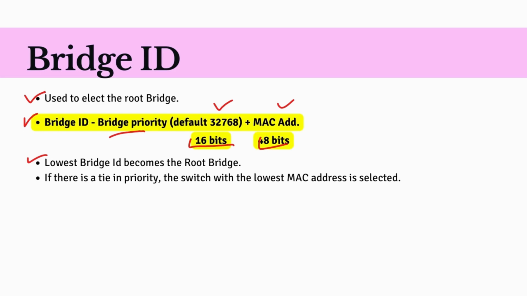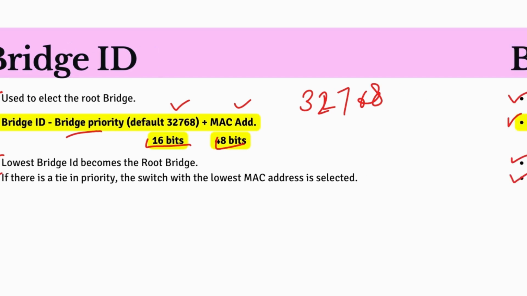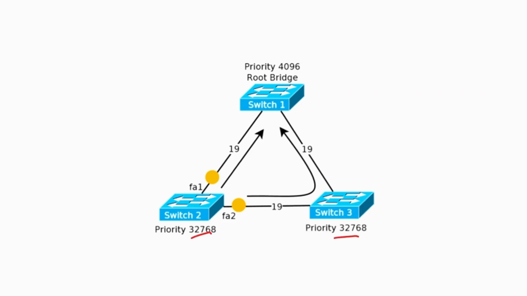So the default bridge priority is 32,768. If there is a tie in priority, the switch with the lowest MAC address is selected. In this image, this is the lowest priority, 4096, so this switch will become the root bridge.